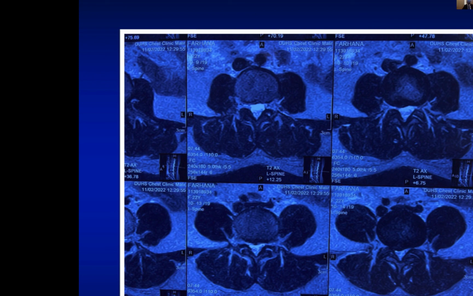It could be worthwhile to remove it. But even for that, you disrupt the annulus, right? And you have risk of disc recurrence.